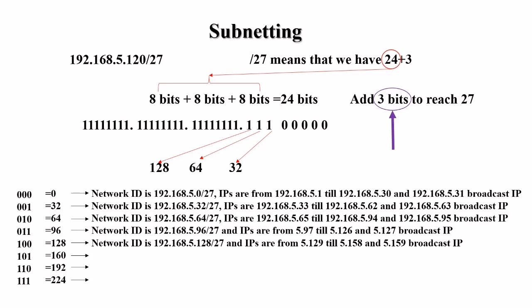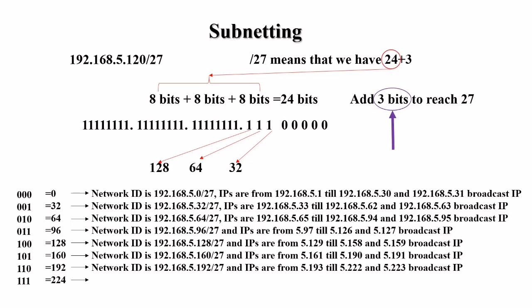This will be the network ID, and the first IP address will start from this ID plus 1, which is 161, and the last IP will be the following number minus 2, which is 190. Since the following number is 192, the broadcast IP will be the following number minus 1, which is 191.